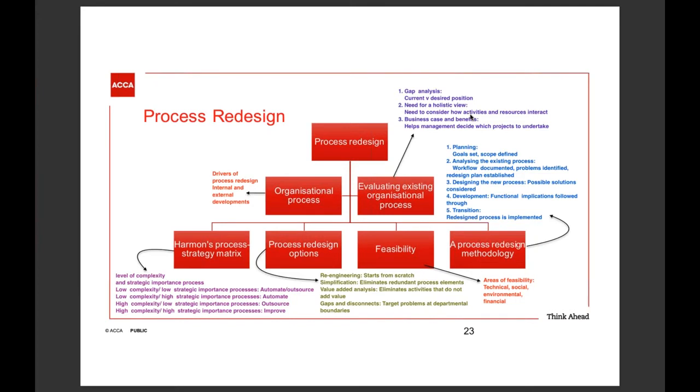So my current situation is a manual process going into the desired position, which is the computerized one. So what I'm going to look at will be the activities involved in transforming that particular manual process into a computerized process or maybe an automated process.